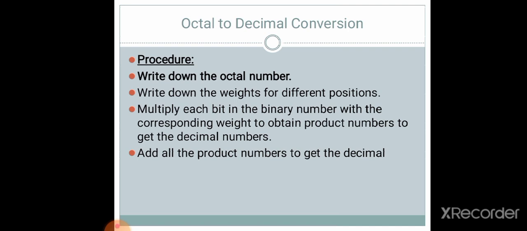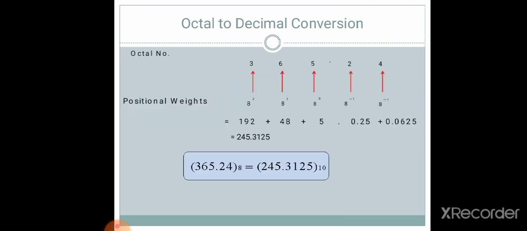So the procedure is the same as the previous procedure. Write down the weights for different positions, multiply each digit in the octal number with the corresponding weight to obtain product numbers, and add all the product numbers to get the decimal number.